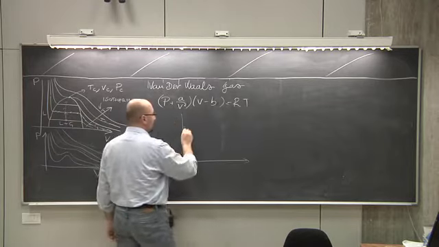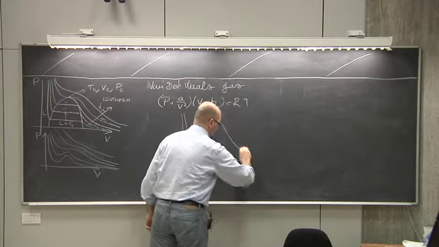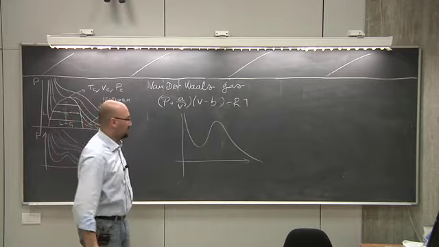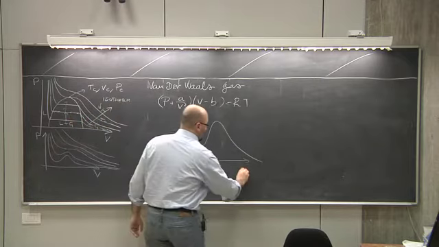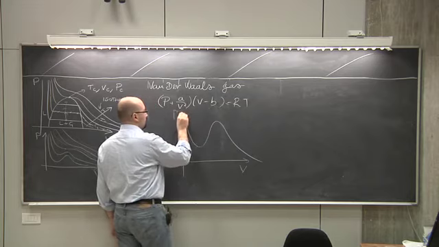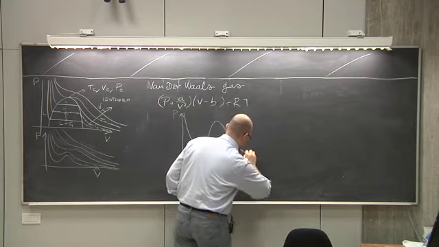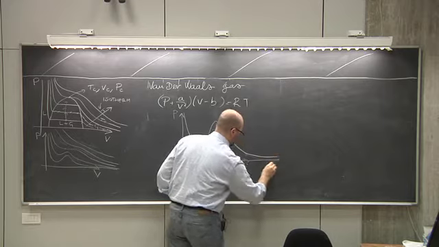So let's take one of these isotherms. I exaggerated, it's never like this, but I exaggerated the situation. When you decrease the volume, this goes to zero asymptotically.